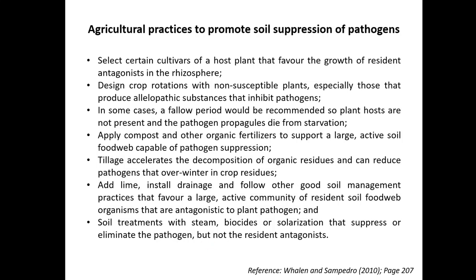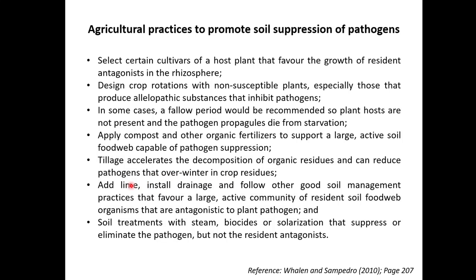This includes using certain cultivars, crop rotations, and a fallow period can be recommended. Compost can also be applied to increase the soil food web capable of pathogen suppression. Tillage also accelerates decomposition but can reduce pathogens that overwinter in crop residues.